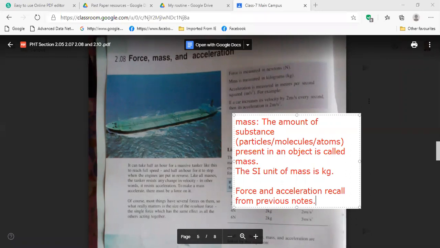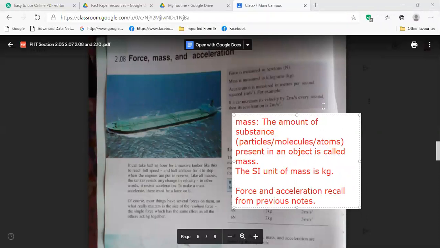Now if we apply force on any object, like you have one book, you are applying force on this book, then this book will move forward. Or you can pull it, it will come towards you. Isn't it? Please respond. When I am saying anything, you should respond.